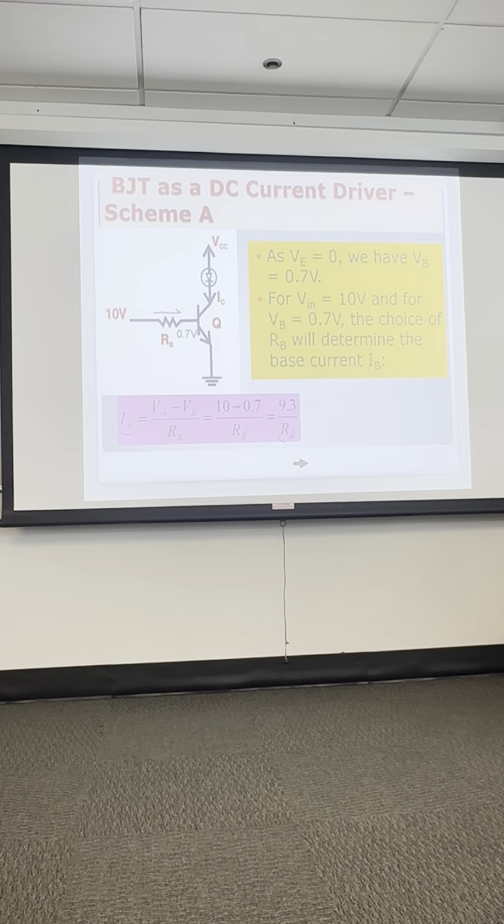You would use just the voltage, the 10 minus 0.7 over R sub B, then you could put that as 9.3 over R sub B.